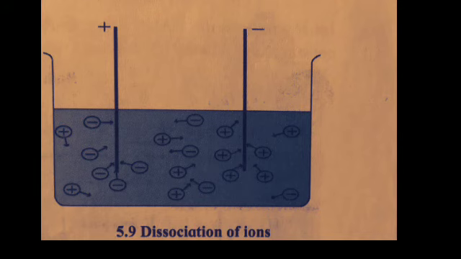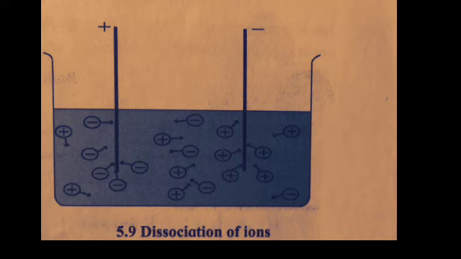H2SO4 is a strong acid and NaOH is a strong base. We have seen that salts, strong acids and strong bases dissociate almost completely in their aqueous solutions. Therefore, the aqueous solution of all these three contains a large number of cations and anions.